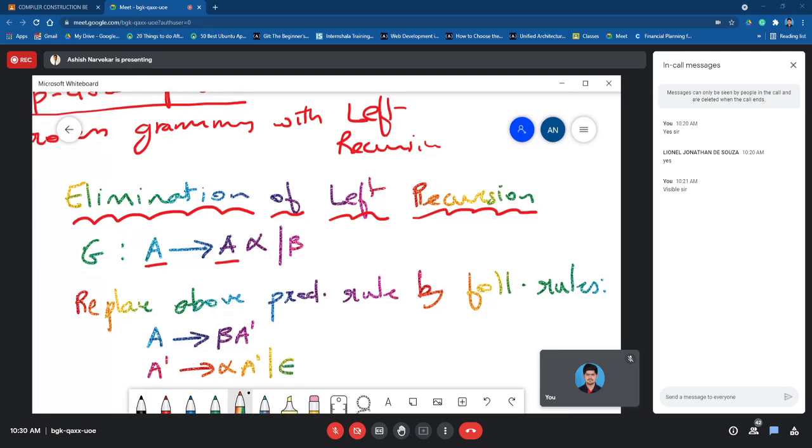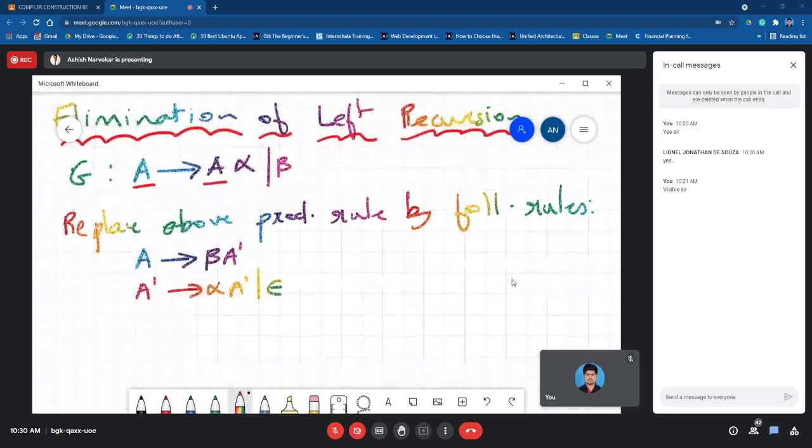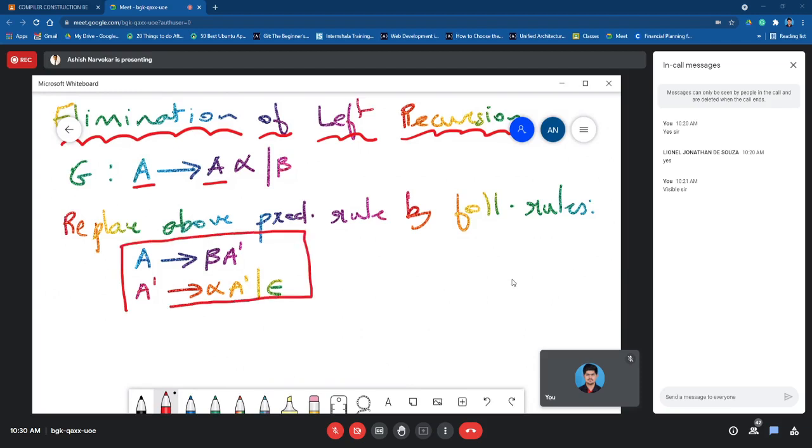So in short, if a grammar contains a production rule of the form A derives A alpha or beta, then this particular production rule is replaced by another two rules as shown over here.